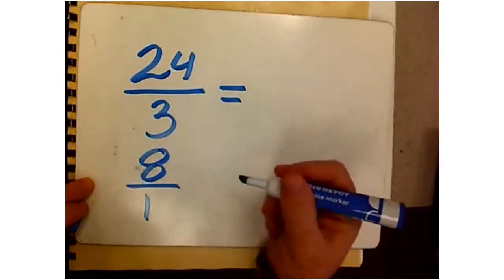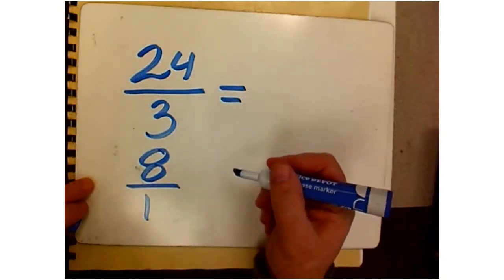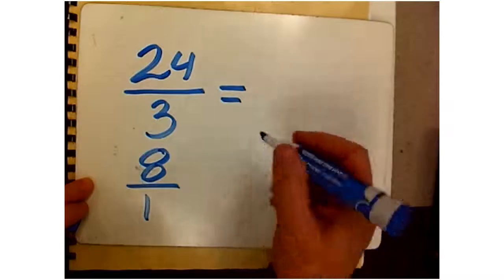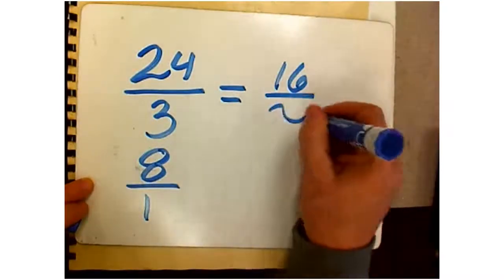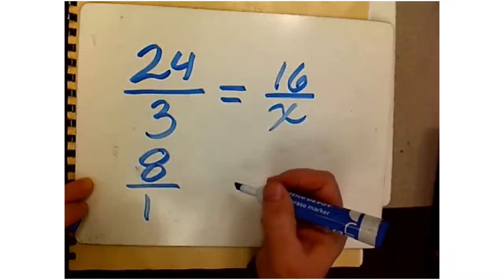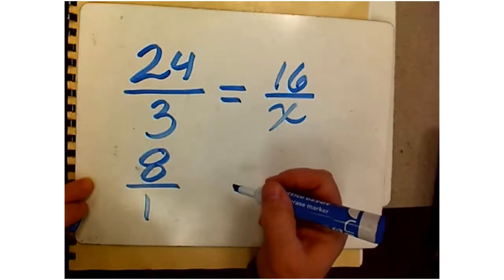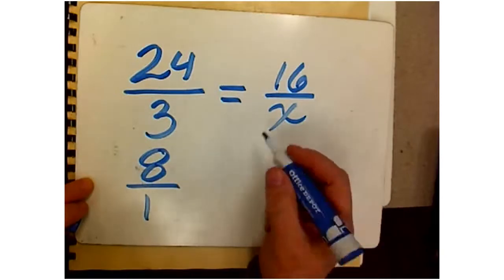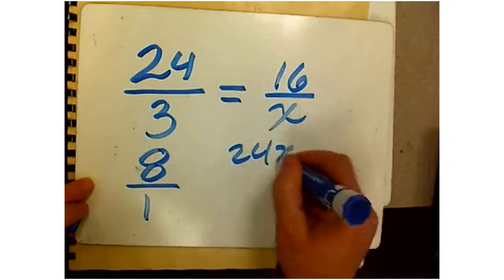So then your other leg is 16. So 24 is to 3 as 16 is to x. Or 8 is to 1 as 16 is to x. 24x equals 48.